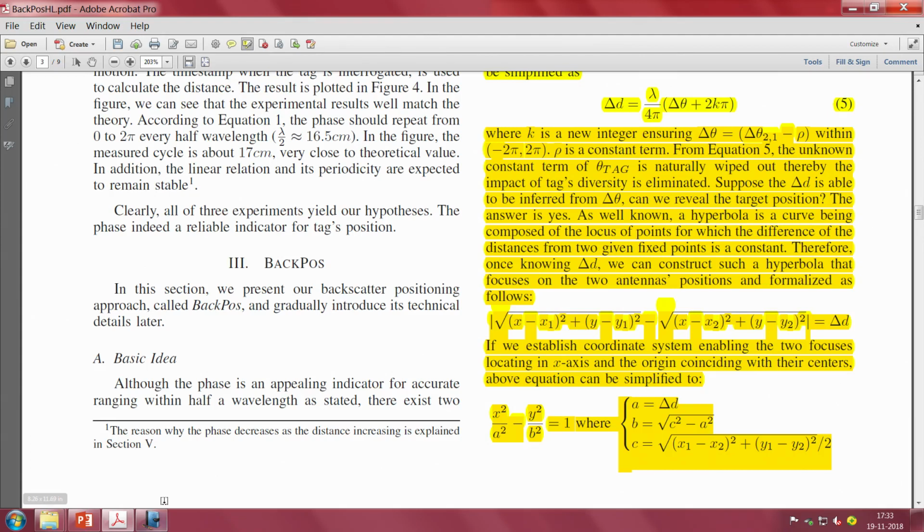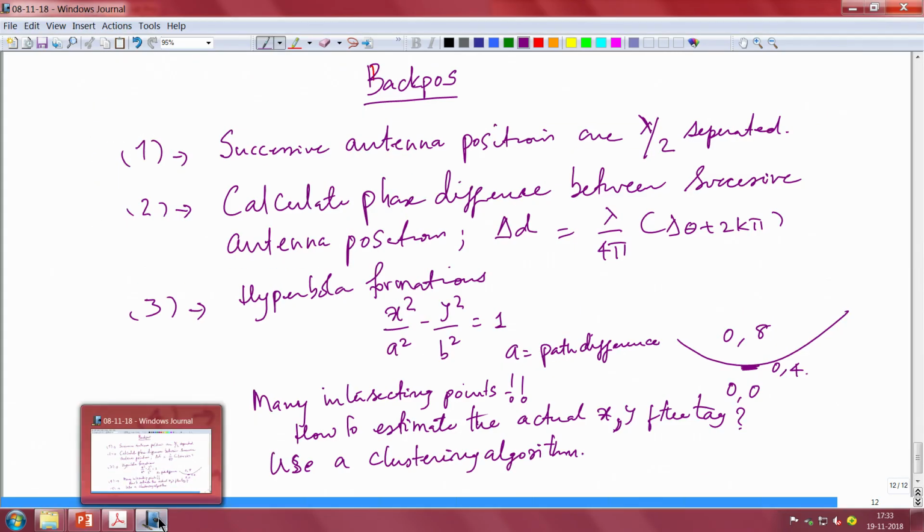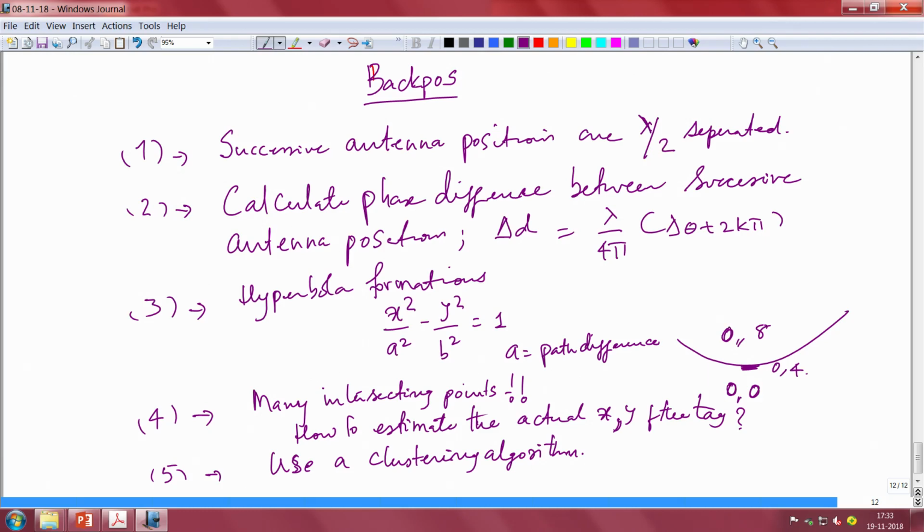Let me just pull out this thing here and concentrate on this picture. Supposing you did one reading from 0 comma 0 and the other reading from 0 comma some 8. When I say 8, I mean some centimeters, it can be some units of centimeters.